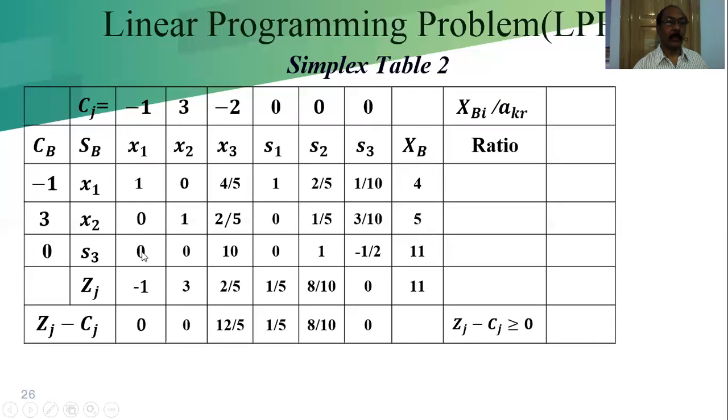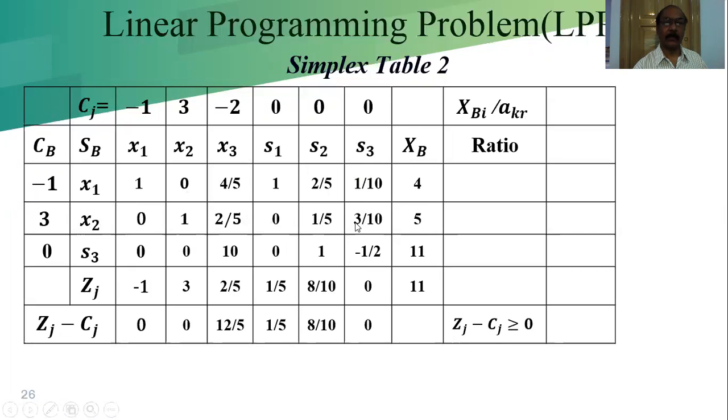X1, this column, this will be 1, no calculation. X2, this will be 1, no calculation. And S3, what is the S3? S3, this should be 1 and this will be 0.